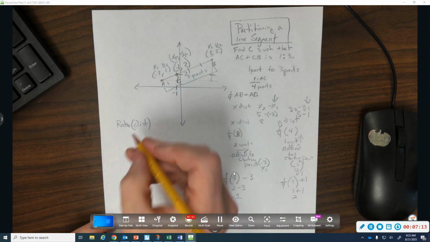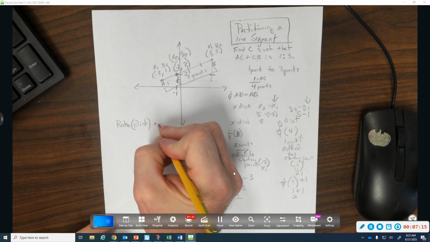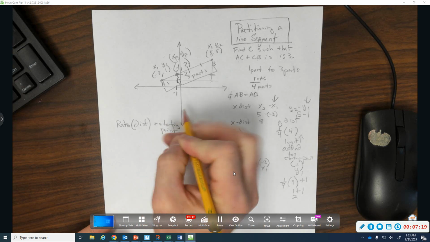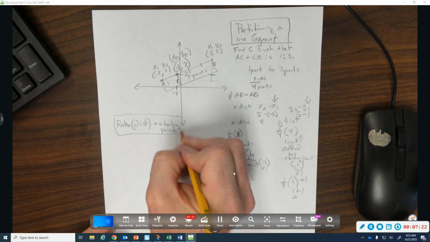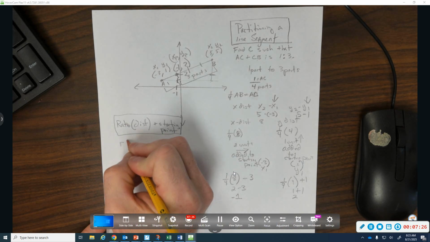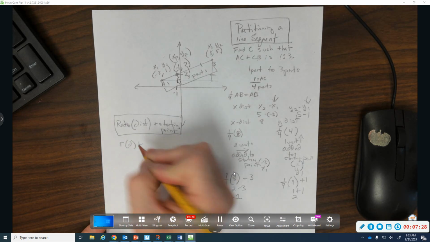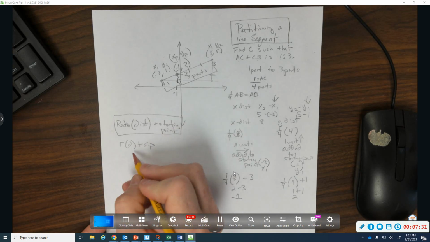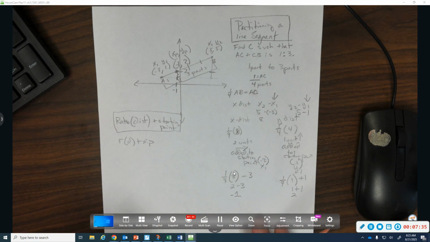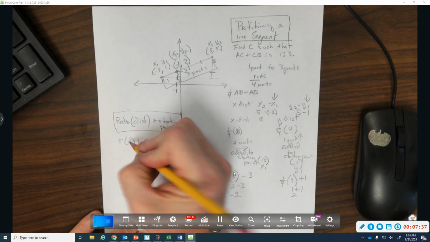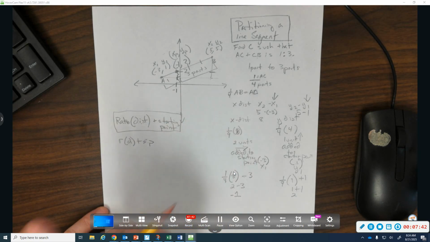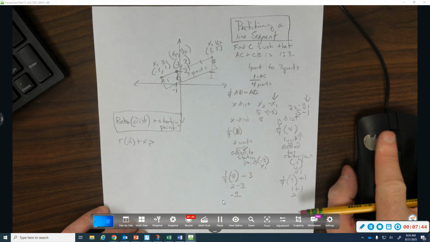We don't need to worry about that right now, but then plus the starting point. We can abbreviate ratio as R, so it's R times the distance plus the SP. That formula works every single time, but we do have to take into consideration that the distance could be negative because it has a direction. All right, and that is partitioning.